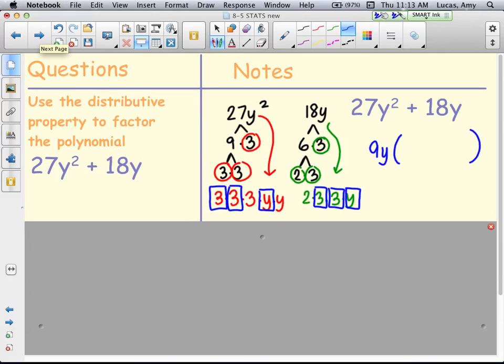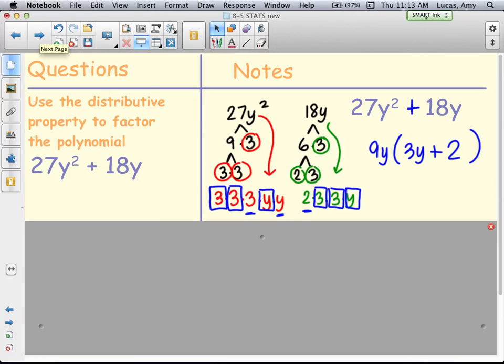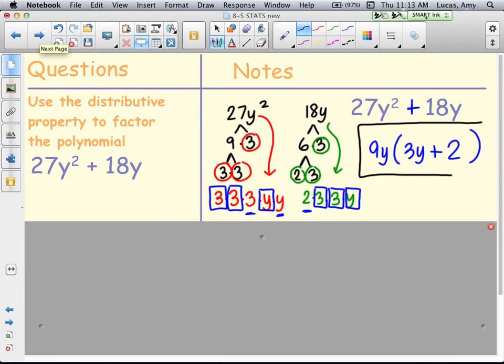Then what's left of each term, the first term there's a 3y plus, the second term there's just a 2. So that is how you factor 27y squared plus 18y. Their greatest common factor is 9y. If you divide each of them by 9y, you are left with 3y for the first term, and 2 from the second term. And then there was a plus in between the terms, so I kept the plus there.